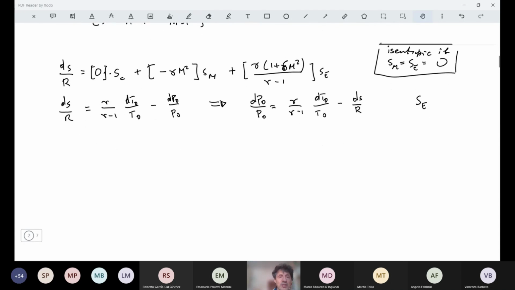So we can just add here gamma over gamma minus 1 Se, and we obtain the result for the dP0 over P0. So it will be minus gamma M squared Sm plus gamma over gamma minus 1 plus delta M squared. Sorry, this is positive, this is negative because we have a minus sign.